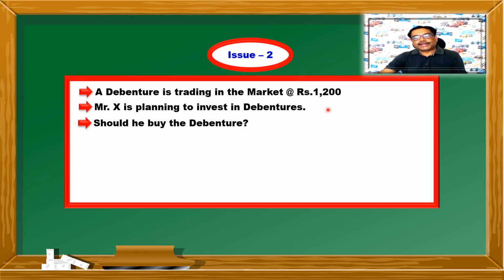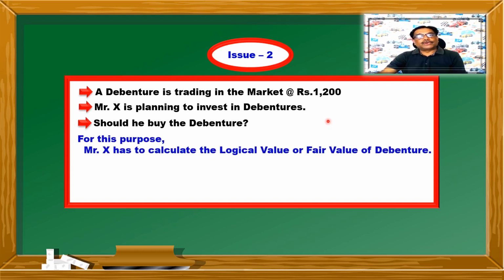We should buy the debenture. On the other hand, if the fair value of the debenture is less than 1200, suppose 800, we should not pay 1200 for the item. That means he should not invest in such a debenture. So what I want to tell you, we have to determine the logical value or fair value of the debenture.